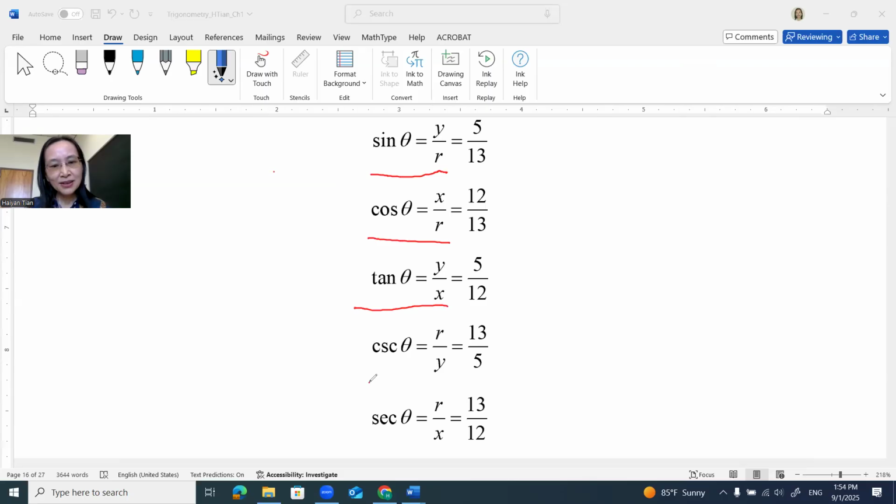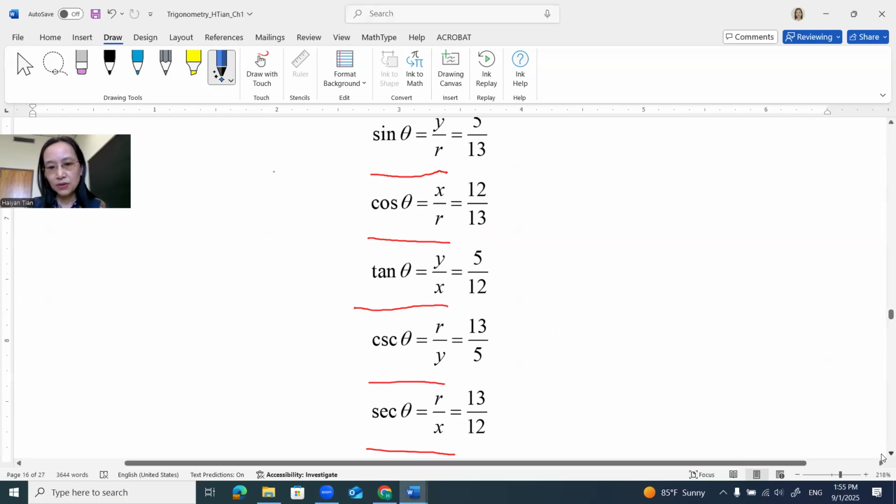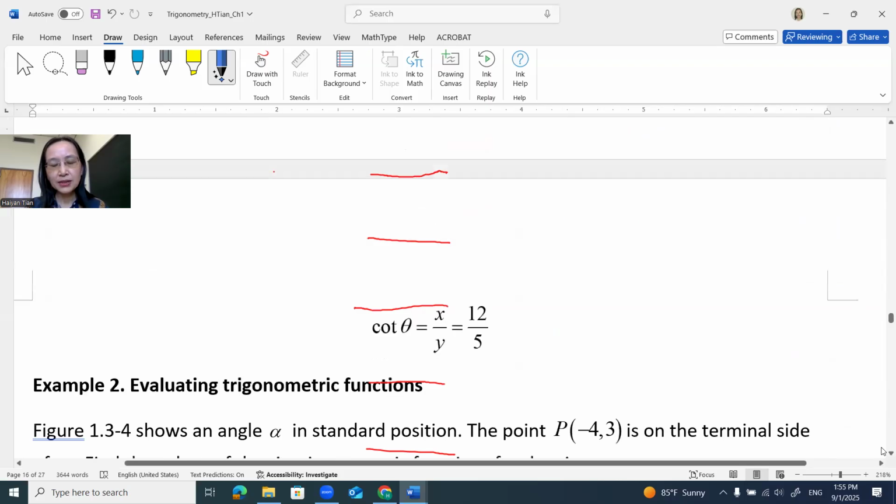Cosecant, r over y. Secant, r over x. And cotangent is x over y.